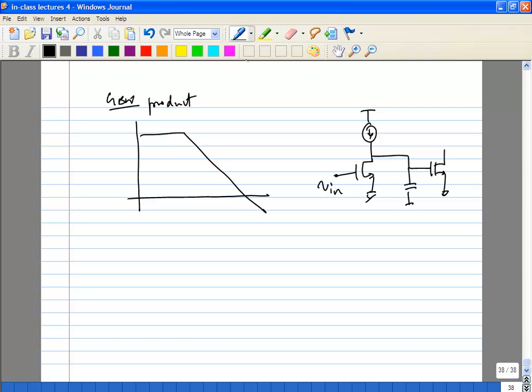So let's assume that has some load capacitance CL. Your voltage gain of your circuit, in this case, is gm RDS over 1 plus s CL RDS.